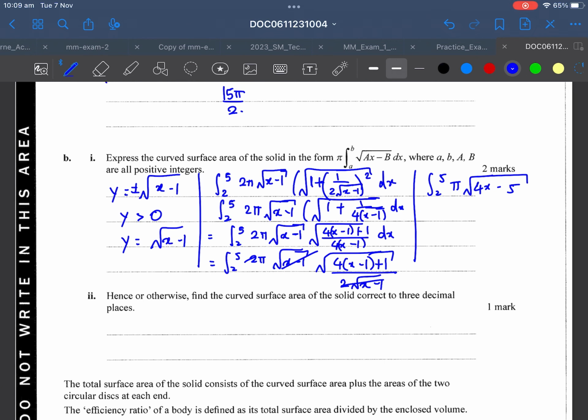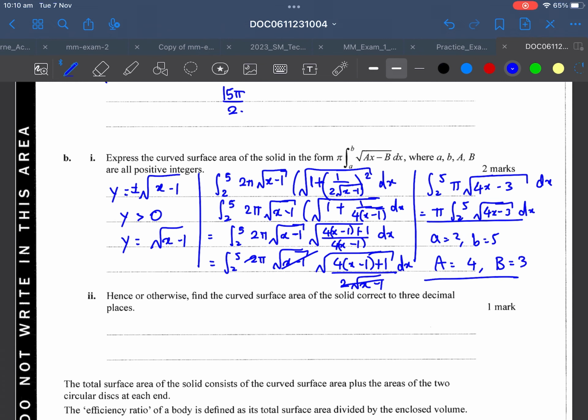So this wouldn't be negative 5. What would this be? Minus 3. So which equals π times the integral from 2 to 5 of the square root of 4x minus 3, dx. Don't forget to write dx. Okay, so there we go. Lowercase a equals 2 and b equals 5. Capital A equals 4 and capital B equals 3.